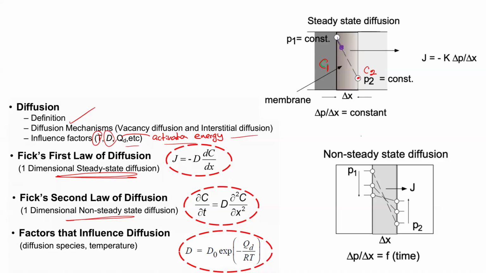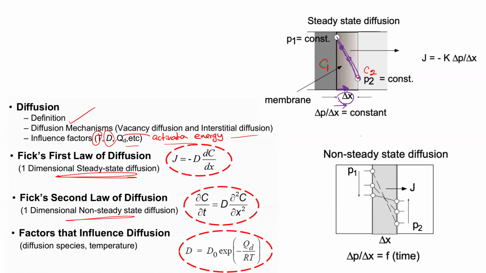So there is a concentration gradient from this side to the other side, but when you consider a certain point, the concentration at that particular point is not changing with the time. So the concentration gradient is only changing with the distance, this distance here, but not with the time. That particular situation we call steady state diffusion.